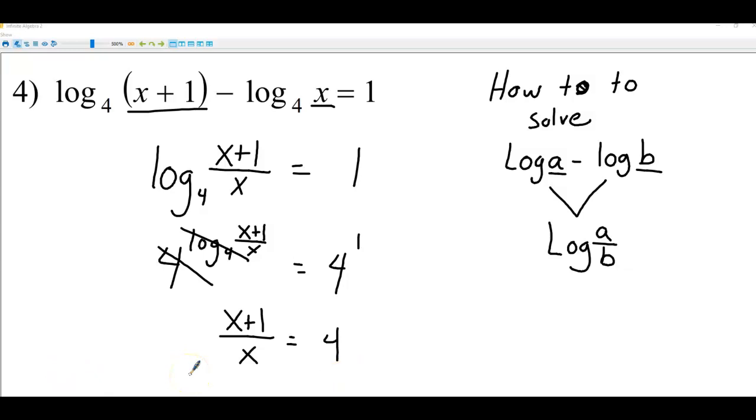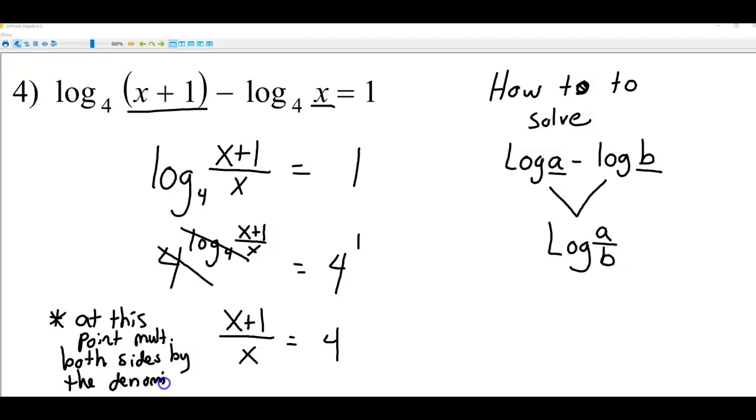So, a little note worth writing here: at this point with these fraction problems, you're going to have to multiply both sides by the denominator.